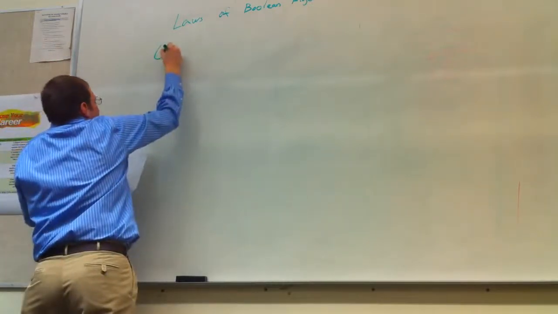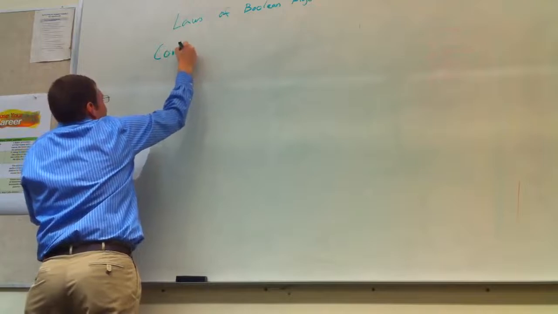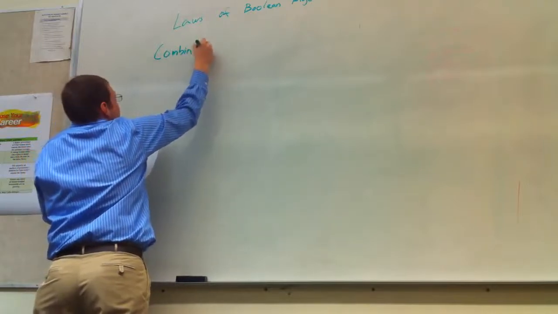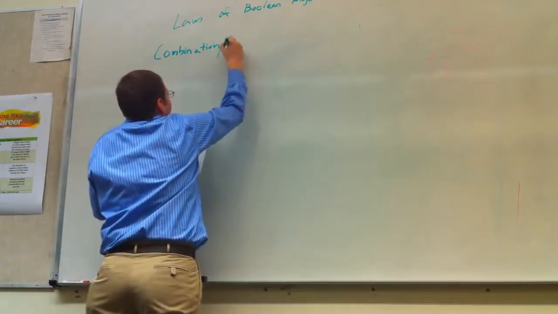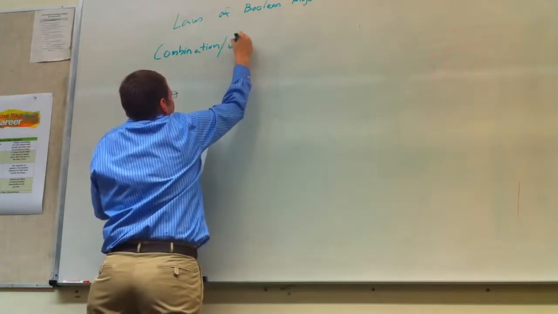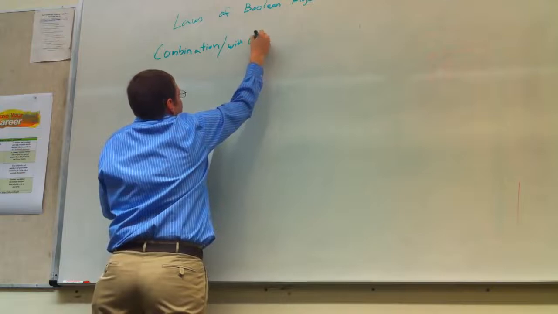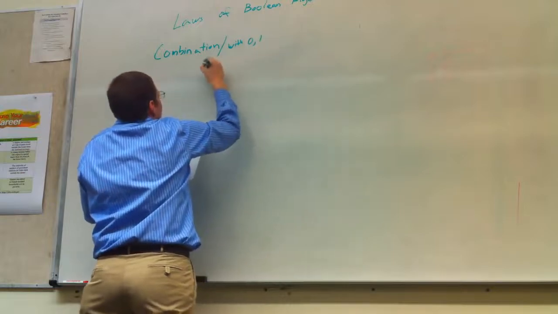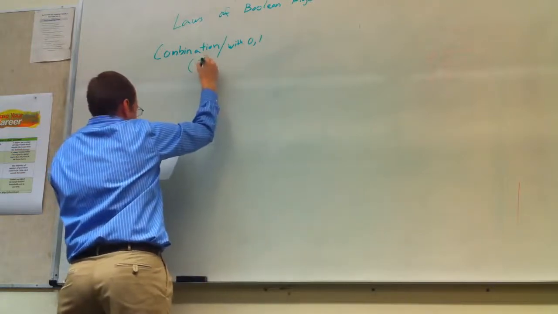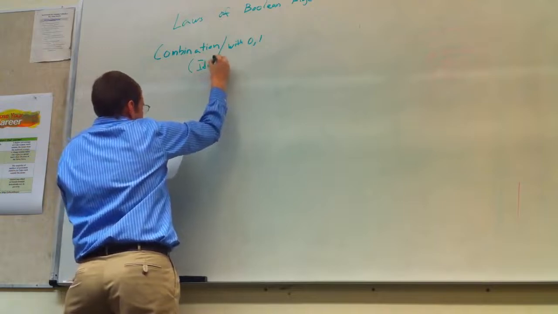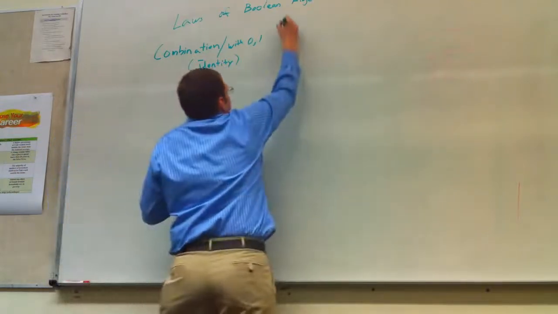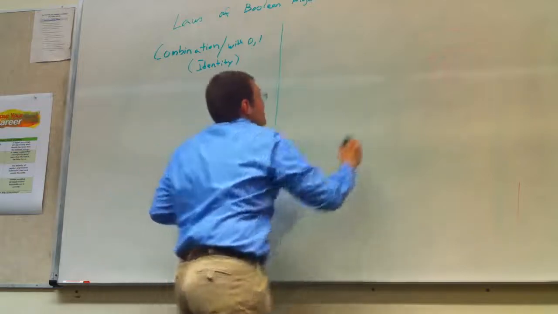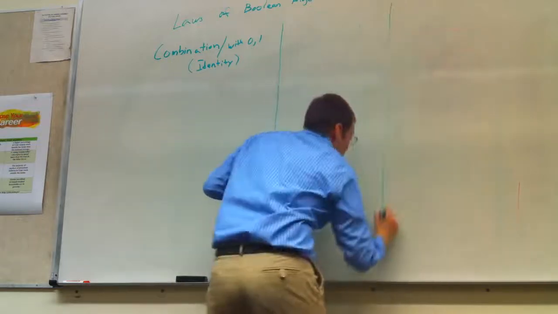So the first one is the combinational law, with 0 or 1, also known as the identity law. There are two types of functions we can get.